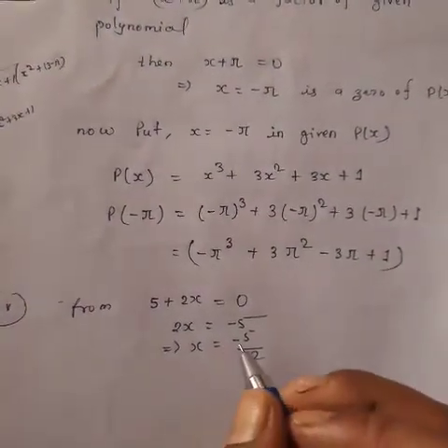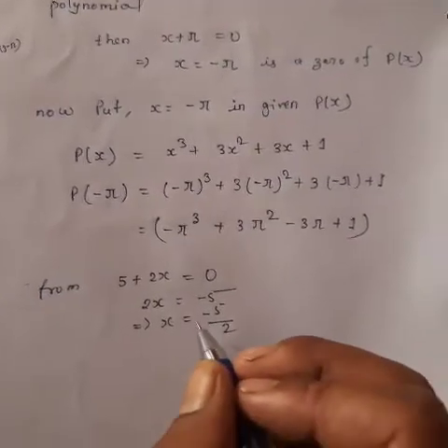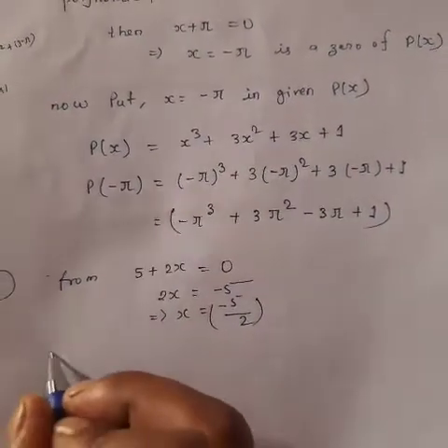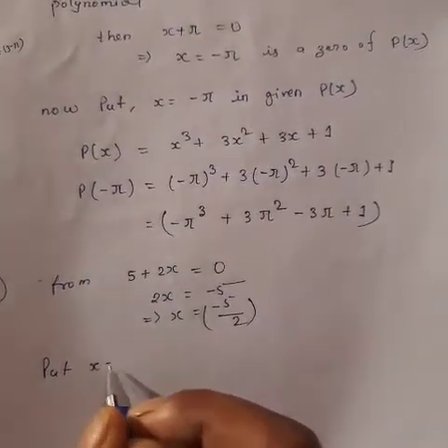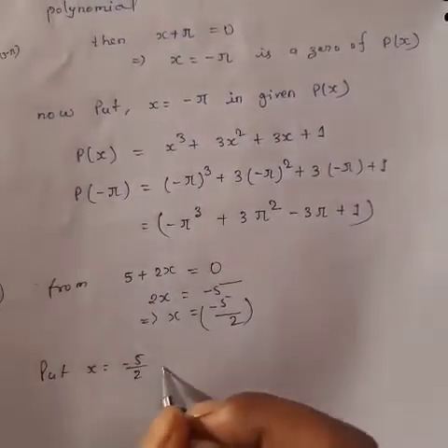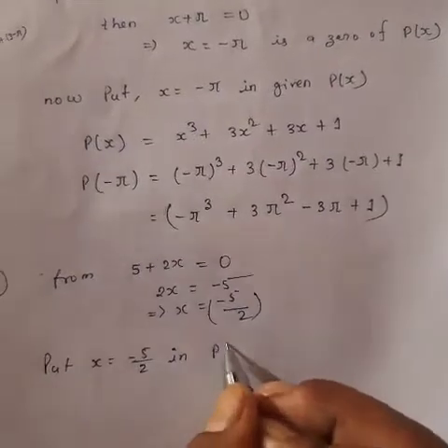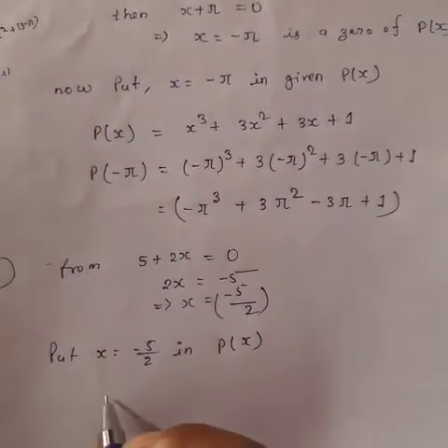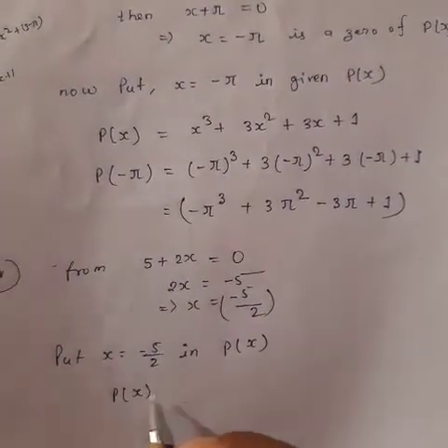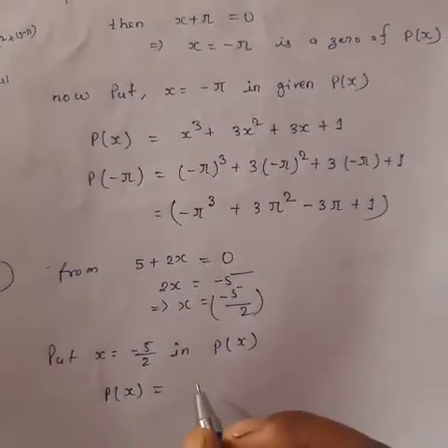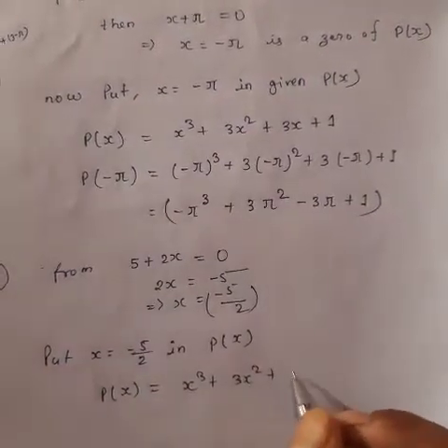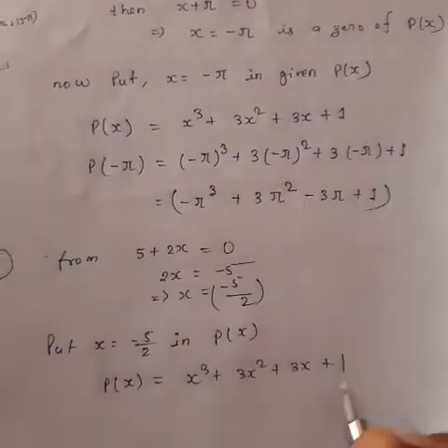So put x equals minus 5 upon 2 in place of x in the given polynomial. As you know, the given polynomial p(x) is x cubed plus 3x squared plus 3x plus 1.